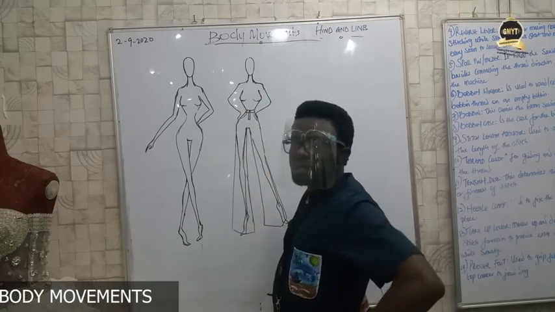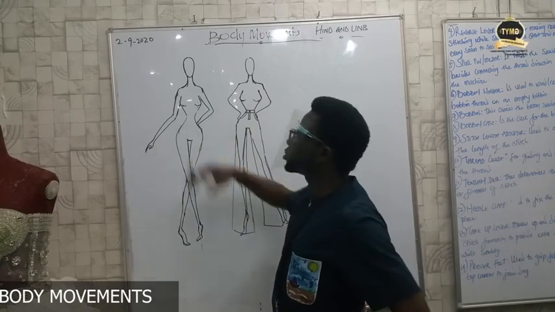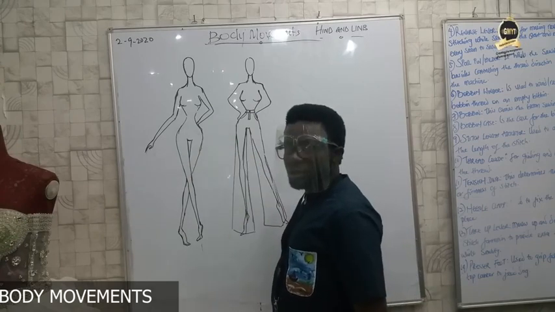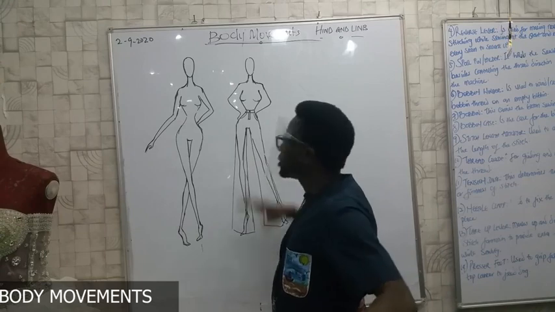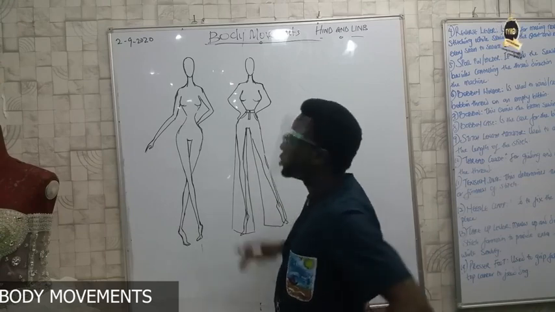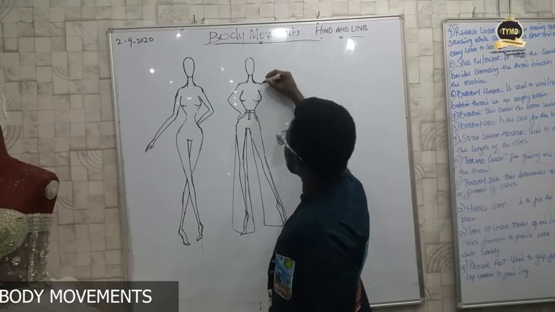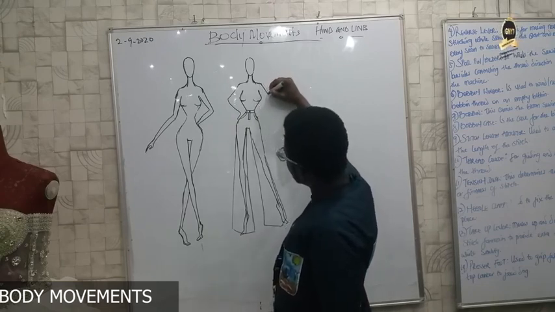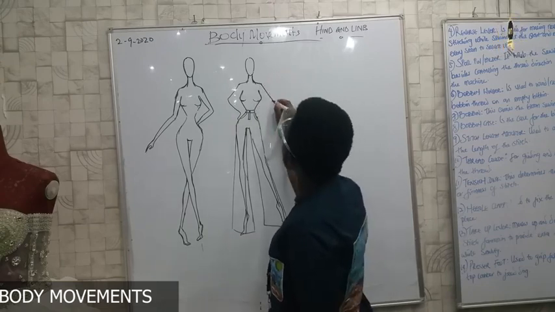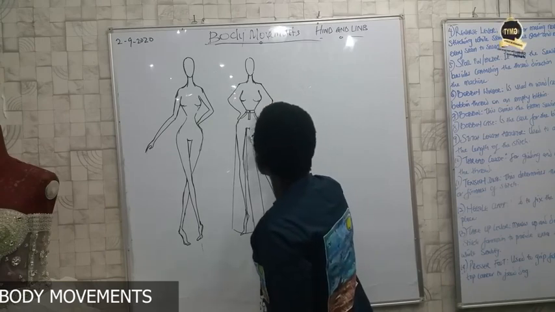Now the two hands, I'm taking them to the shoulder. If you check this one, one hand is on the waist, the other one is spreading out. Now here I have the two hands on the waist. So the first thing you do is to go to the shoulder and bring the hands out this way. Return it back.